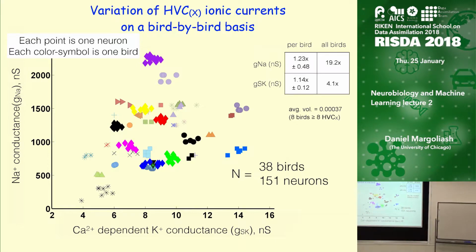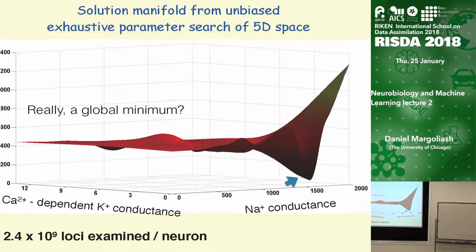Okay. Now, manual fitting can lead to degeneracies, and so it's not necessarily a good way to go about it. But then we used a supercomputer in a sort of brute force parameter search, and for each cell we examined 2 billion possible loci in this 5-dimensional space.